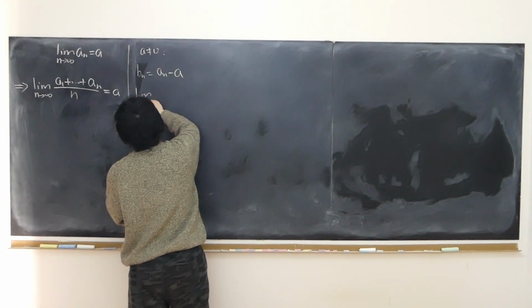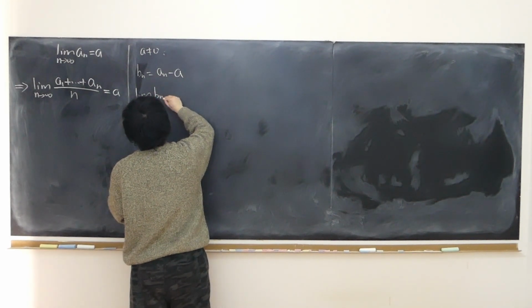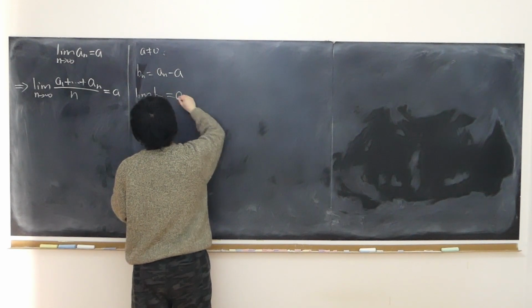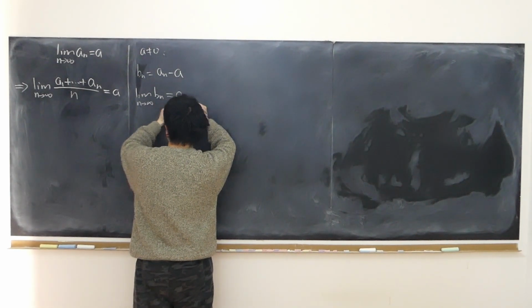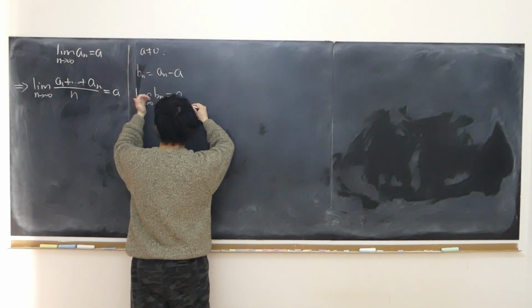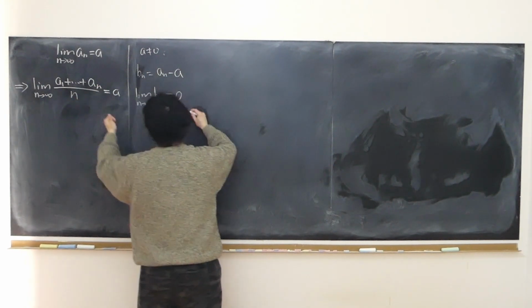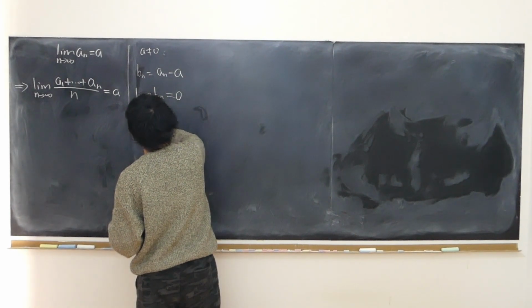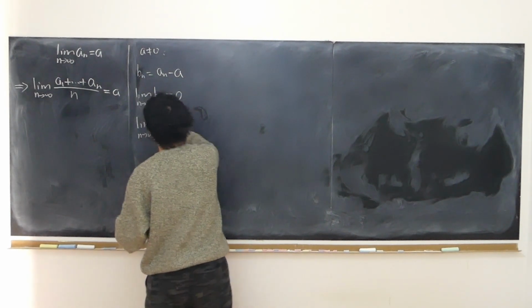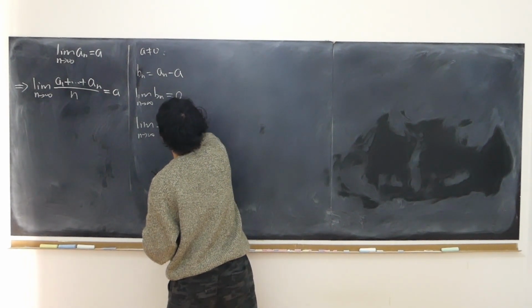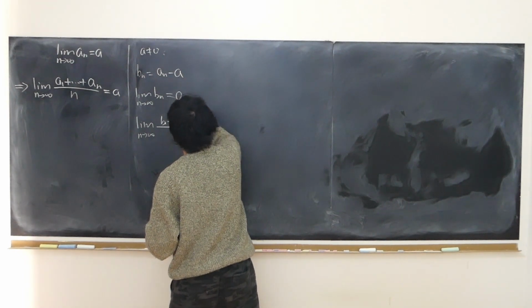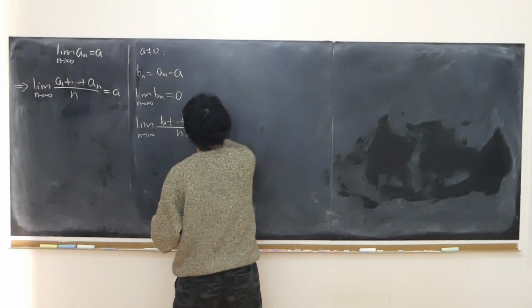Bn easily approaches 0, so Bn satisfies my special case: when a sequence approaches 0, then the arithmetic mean also approaches 0. The arithmetic mean (B1 plus ... plus Bn)/n also approaches 0.